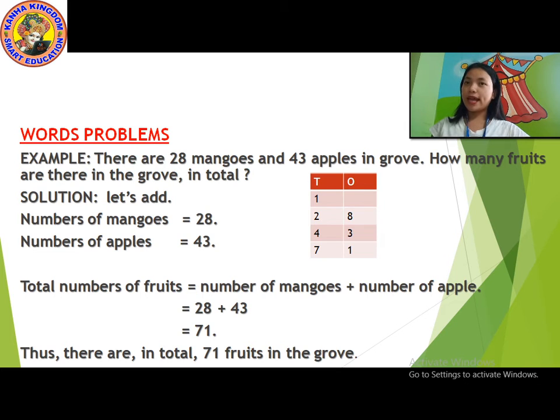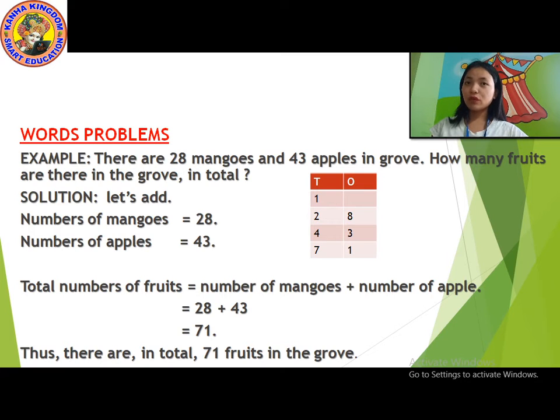In the tens column there is 2 and 4, and the carried-over 1 is also there. Adding 4, 2 and 1 we get 7, right? So write 7 in the tens column.